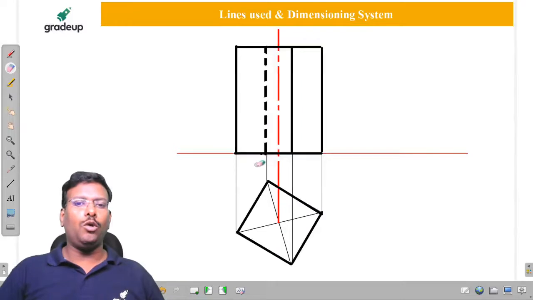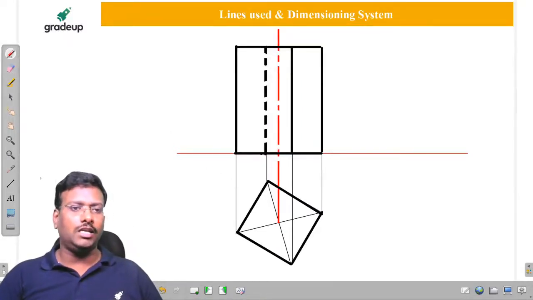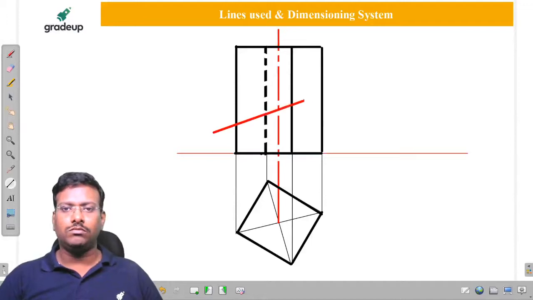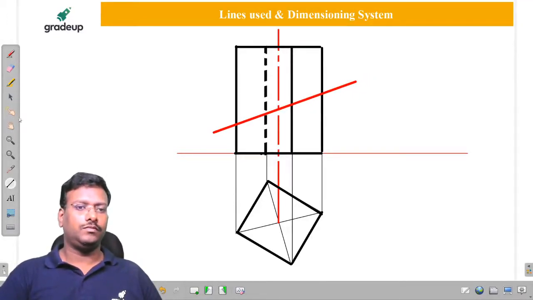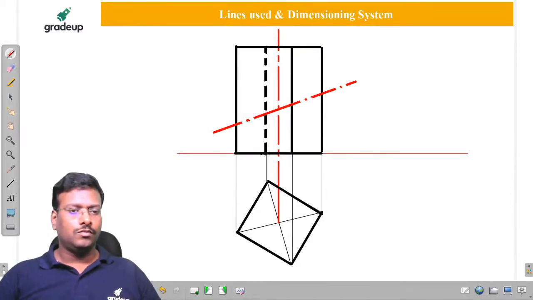So here, I hope you observe, I have drawn so many lines, sir. Apart from these, I am going to draw one more. Now I hope you got the clarity. This is nothing but a section plane.